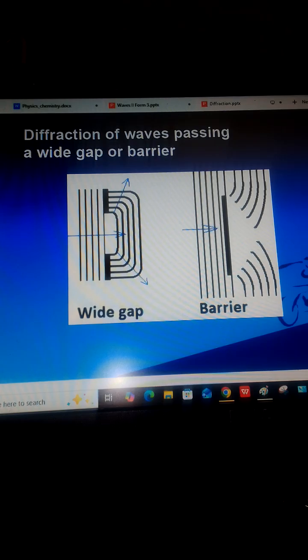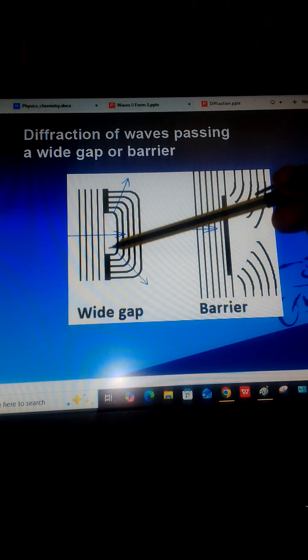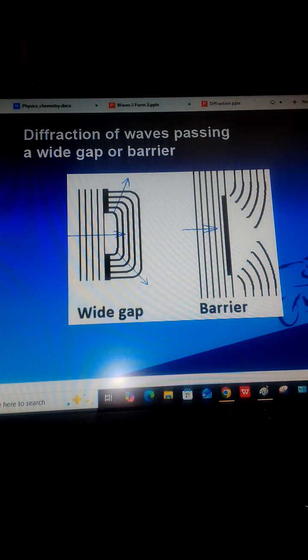So we want to see the diffraction of waves passing a wide gap or a barrier. In this particular case, we find that the wide gap, this gap here, is greater in length than the wavelength. All right, so what happens?